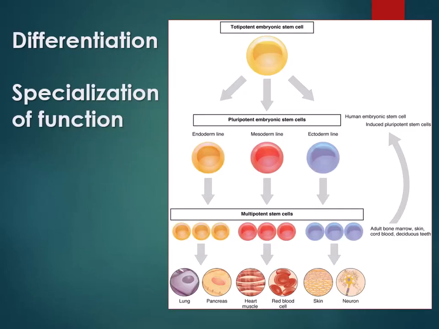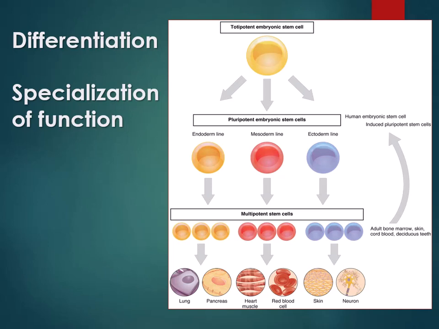Okay, so cells, when conception happens, you are one cell big, and mitosis then occurs to go from 2 cells to 4 to 8 to 16, etc., until the 70 trillion that you are today. But as cells replicate, at first, every cell has the potential of being anything.